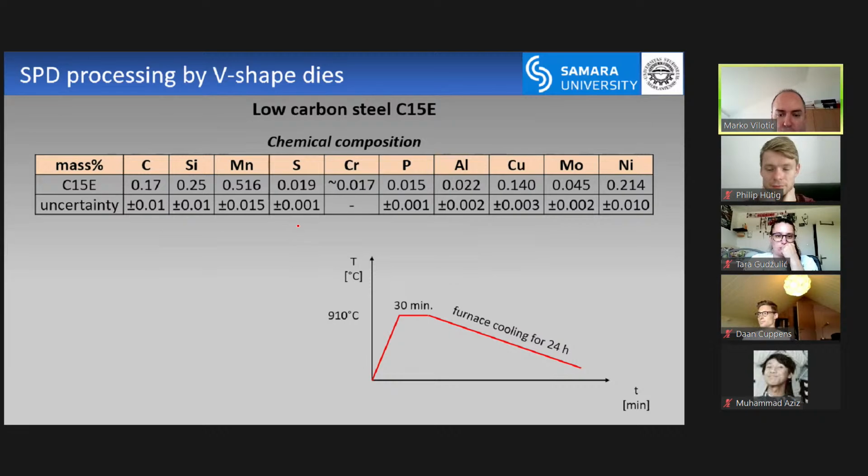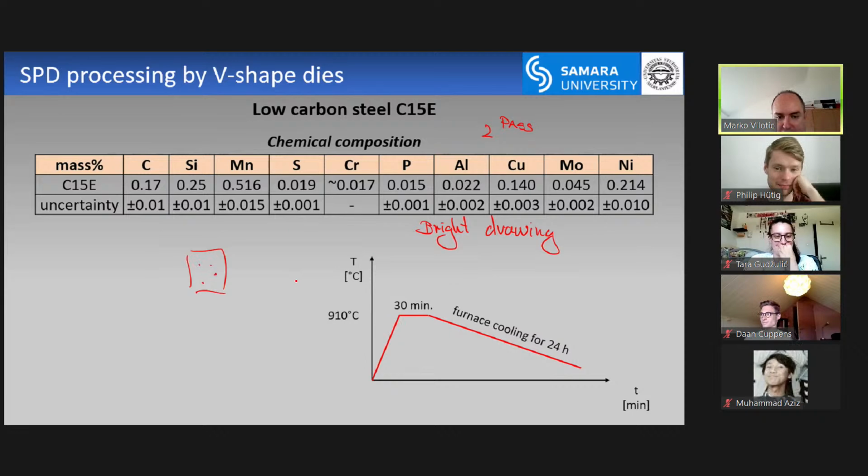Initially we didn't know if this processing was going to be successful or not. So I just bought the material from the workshop and started to deform it, and it cracked after just 2 passes. This material was obtained in the form of bright drawing, so it had a lot of residual stress in the sample.